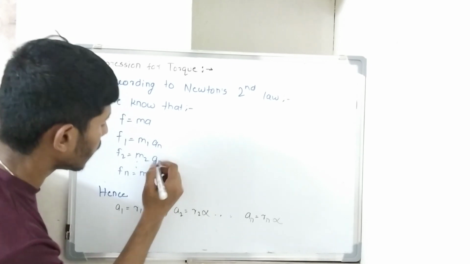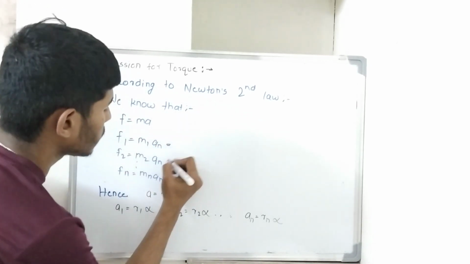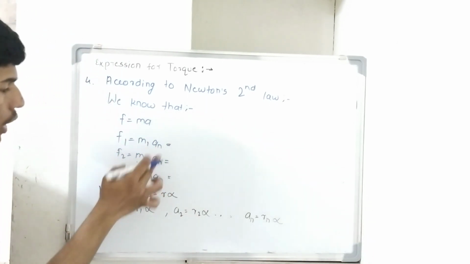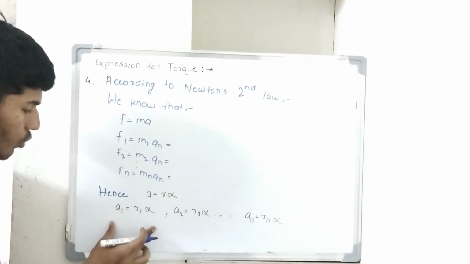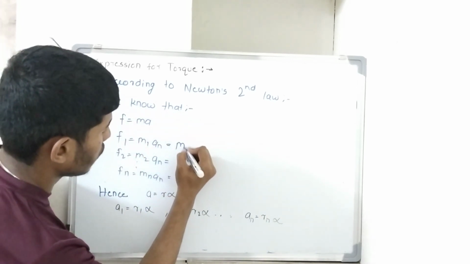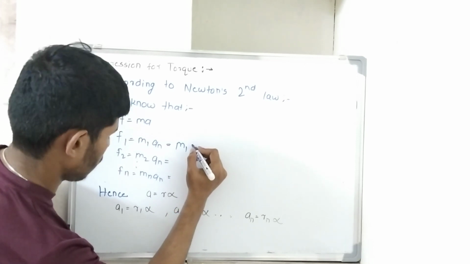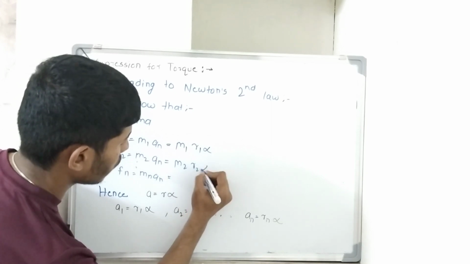As linear acceleration is varying here, we will simply put the value of a in all these expressions. We had already calculated that a1 is equal to r1 alpha.